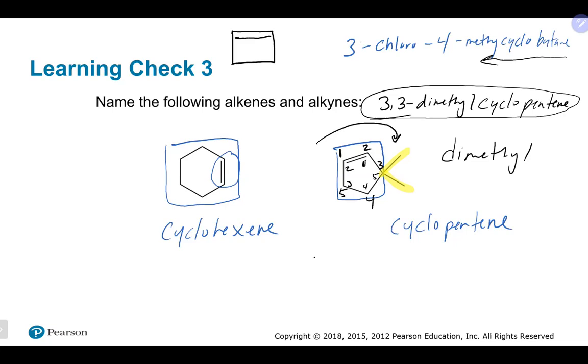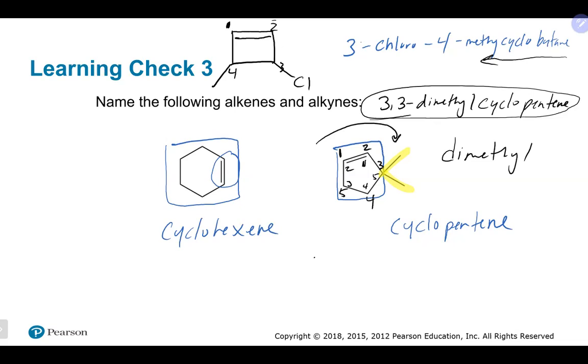Wherever you put it, you're going to call one side carbon number 1. So for me, I'm going to call that number 1, which means I'm going to go through the double bond to carbon number 2, going clockwise, 3 and 4. And that's going to give me the proper locations to put everybody else. So we'll do a line there. We'll do a line there with a chlorine, basically. Any questions on that?